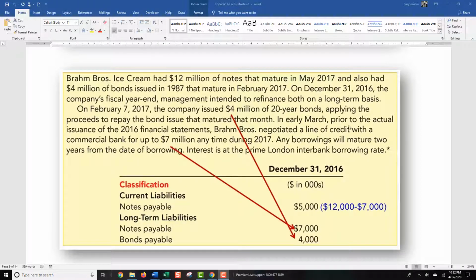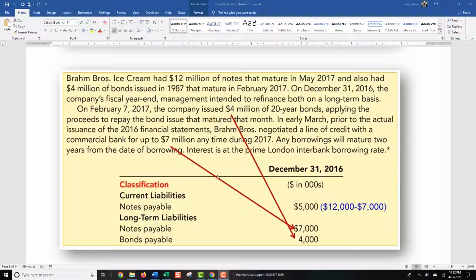And in early March, prior to the actual issue of the financial statements, they negotiated a line of credit with a commercial bank of up to $7 million that they could borrow at any time during 2017. Any borrowing will mature 2 years from the borrowing date, which means now they don't have to record it as short term in the current year.